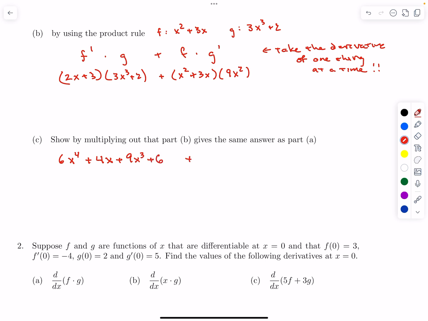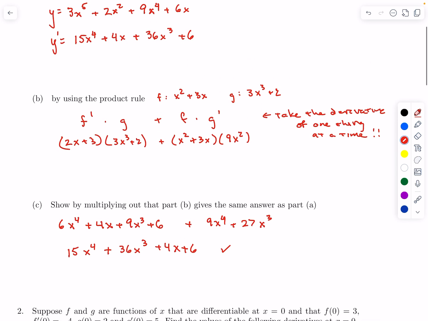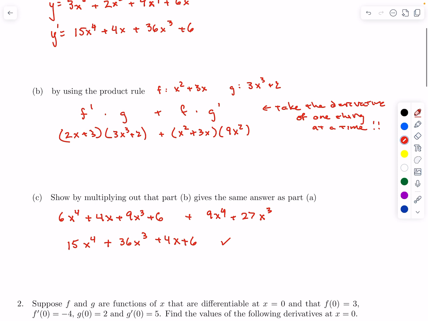And then the other one, we're just distributing 9x squared, so combining like terms, 9 and 6 is 15. 9 and 27 is 36, x cubed. There's no x squared term. And this is the same as part A. Yay! There it is. Sure enough.